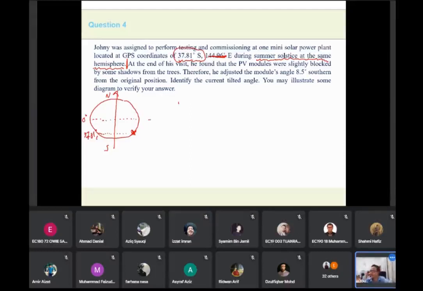Where is the location of the sun? Yeah, I hear. Summer solstice at the same hemisphere.